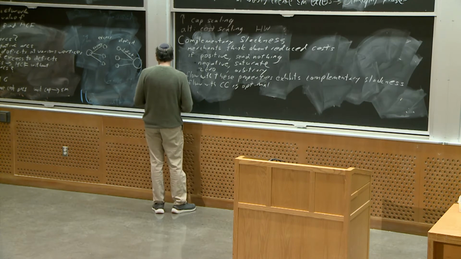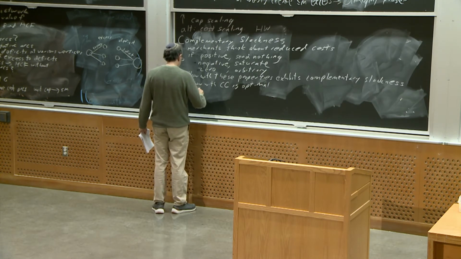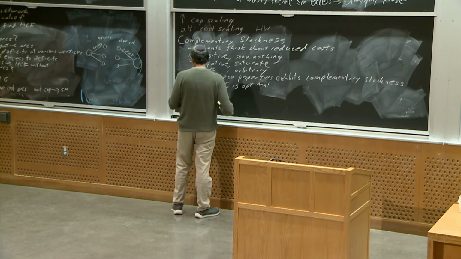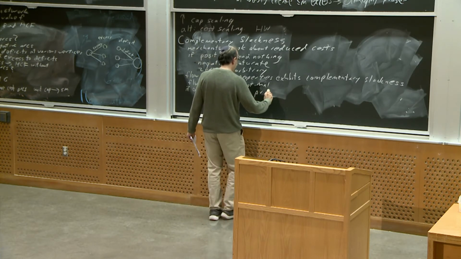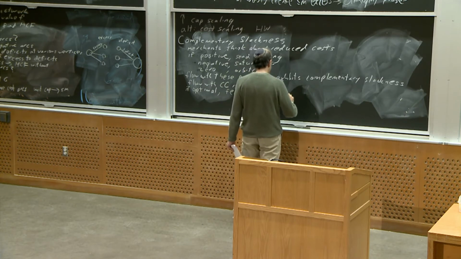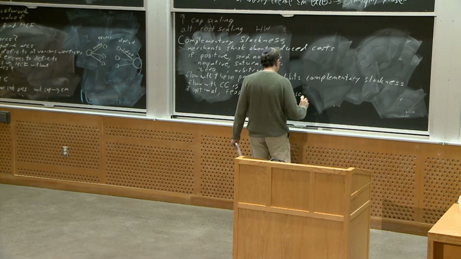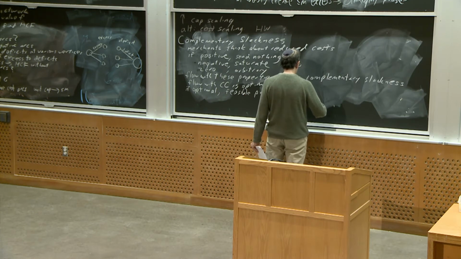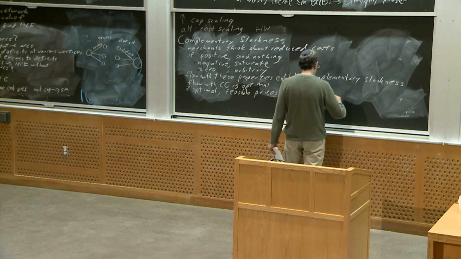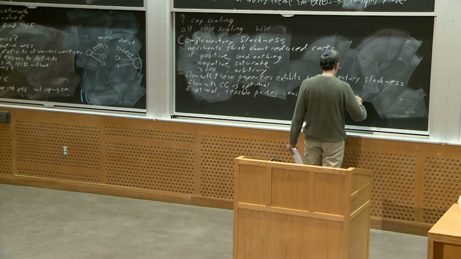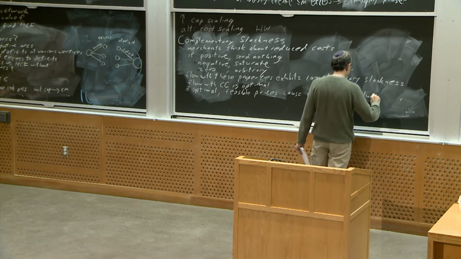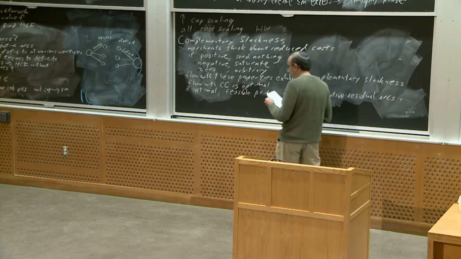Conversely, if you're optimal, you can create these feasible prices. These feasible prices cause you to have no negative value residual arcs.